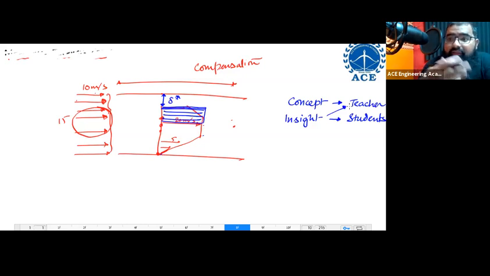You should develop insight, then you will enjoy the subject. This was insight. I want you to develop. See, I can tell you many more things, but if you are not developing the insight, then somewhere I am depriving you of the pleasure of this subject. I am not letting you enjoy the subject. Okay, when you find out some things yourself, suddenly you will feel some kind of astonishment.